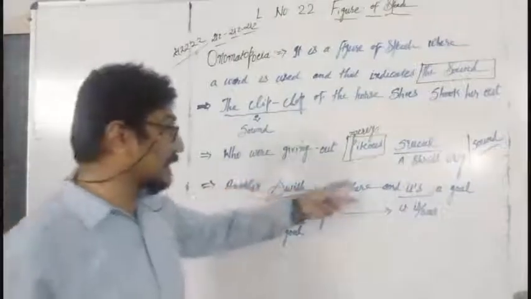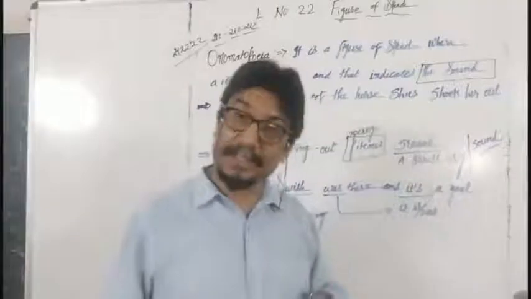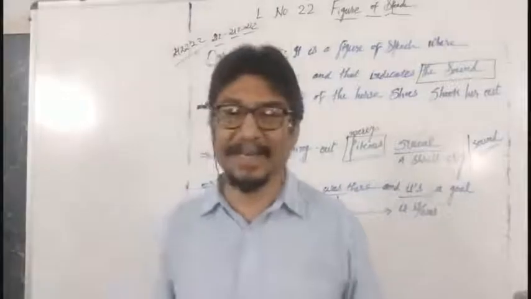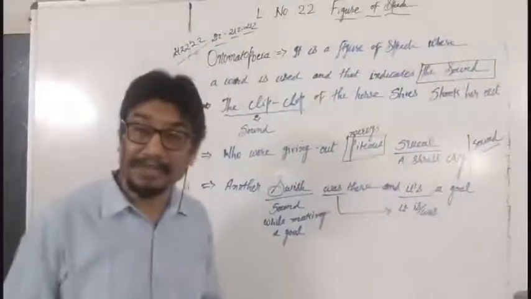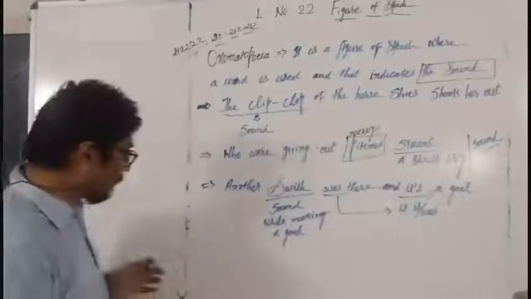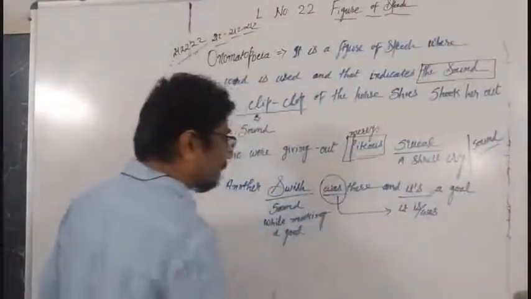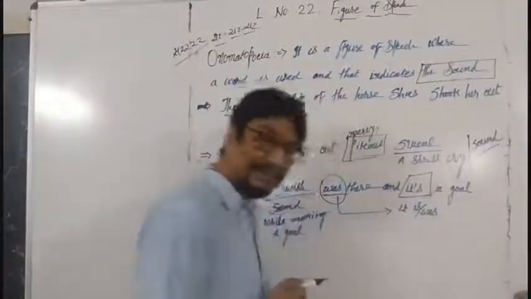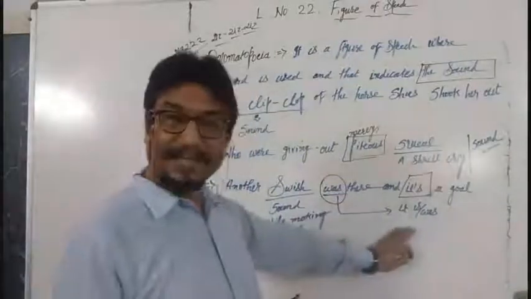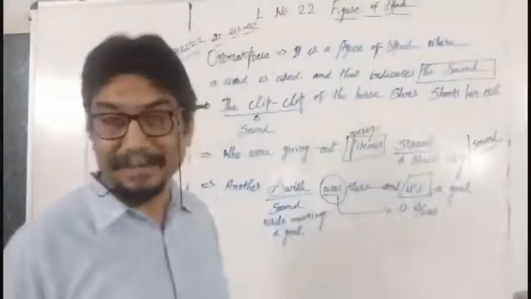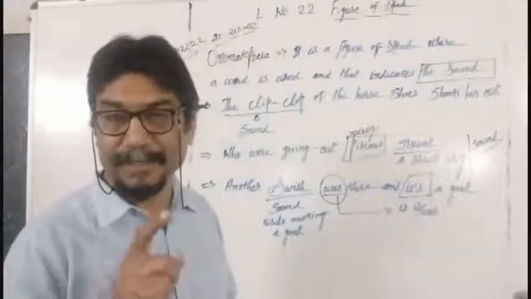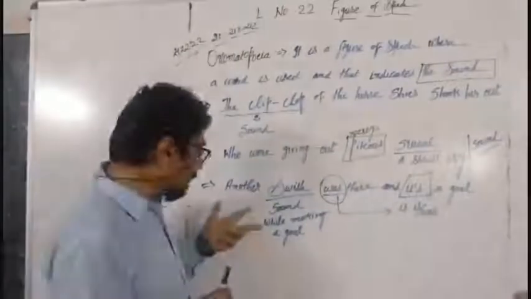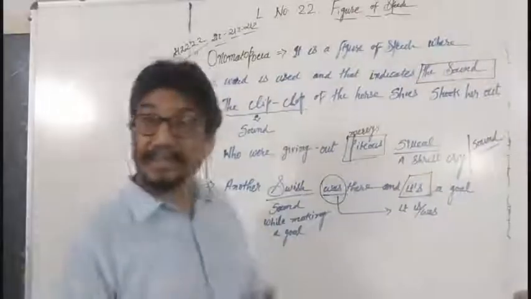Next, another swish was there. When I was teaching you apostrophe, at that time I clarified this. You have to judge it. See here what is given here, so that you will judge it. It is only for your reference that I have written it here. Go a little bit back to the apostrophe chapter, not the figures of speech. Another swish was there. What is the swish?